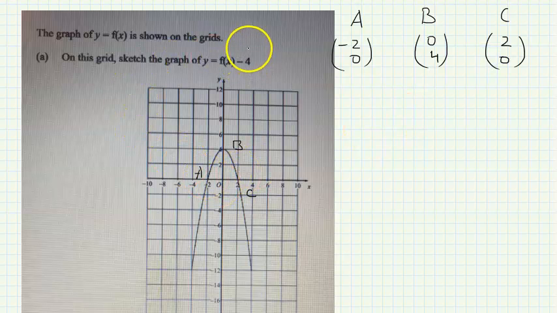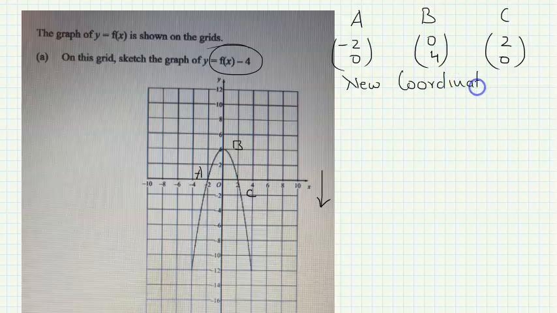Now the operation it is showing is f(x) minus 4. It means this graph will go down how many points? 4 points. So the new coordinates, this is going down 4, so all will have y subtracted by 4, because it is not affecting the x coordinate.